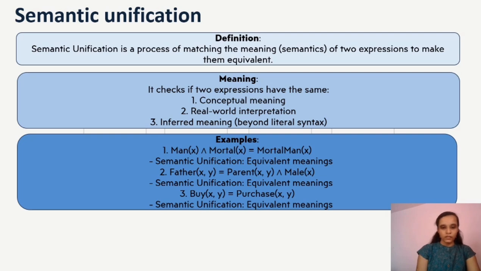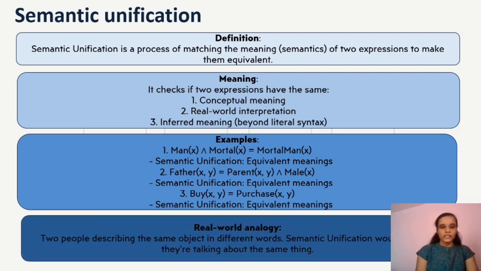Father(x, y) equals parent(x, y) and male(x) are unified semantically. It's like realizing that car and automobile refer to the same concept. Semantic unification is especially useful in natural language processing and knowledge representation, where meaning matters more than structure.